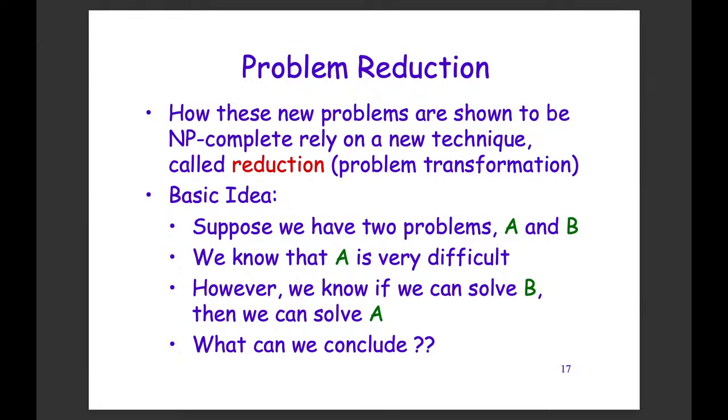But if we can solve B, then we can solve A as well. So what does that mean? Whenever we can solve B, that means that A can also be solved. So the problem B must now be harder than the problem A, right? Because whenever we can solve B, we must be able to solve A.